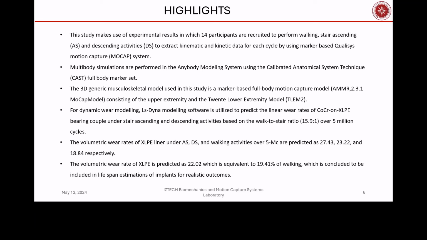And then we fed this data into Twente Lower Extremity Model in AnyBody. So based on these boundary conditions for range of motion and force and moment data, we fed them into the LS-DYNA modeling software to calculate the wear rates of cobalt chromium on cross-linked polyethylene for these activities with a walk-to-stair ratio of 15.9 to 1 over 5 million cycles.